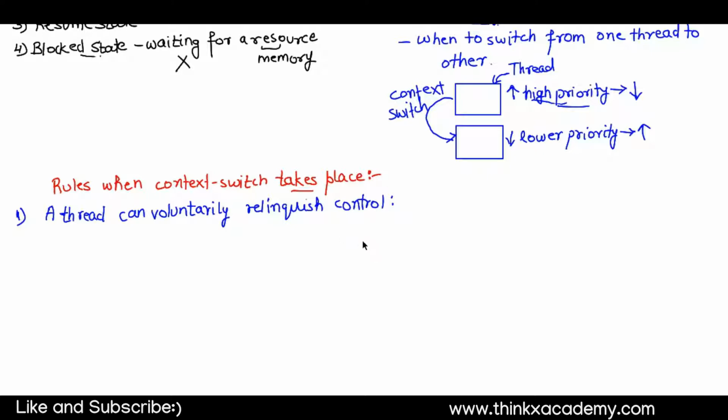This is done by explicitly sleeping or blocking on pending IO. So how can a thread voluntarily relinquish control? This means how can a thread control whether it should execute or not.